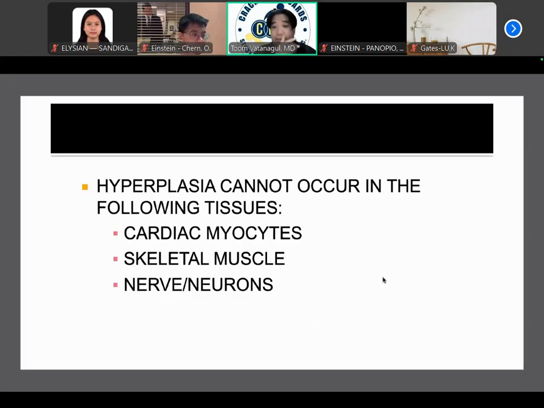Please remember this by heart. The 3 tissues where hyperplasia cannot occur: cardiac, skeletal, and the nerve. Of these 3, it is the cardiac and the nerve which are considered to be permanent cells.